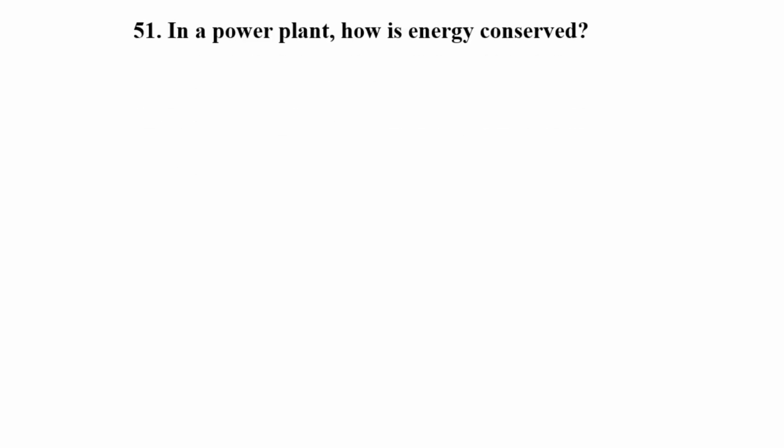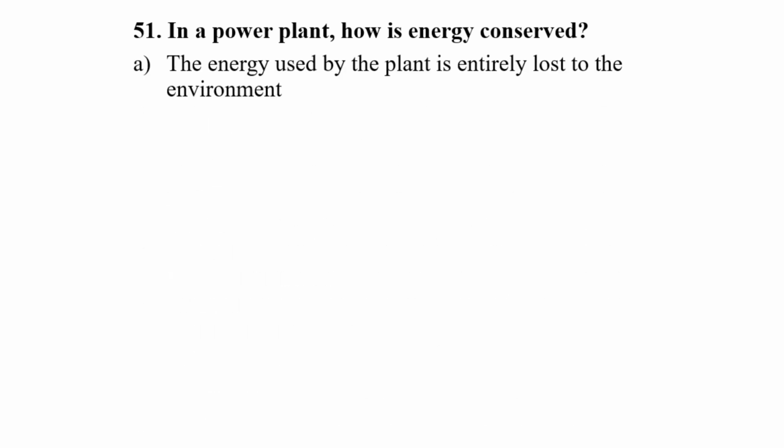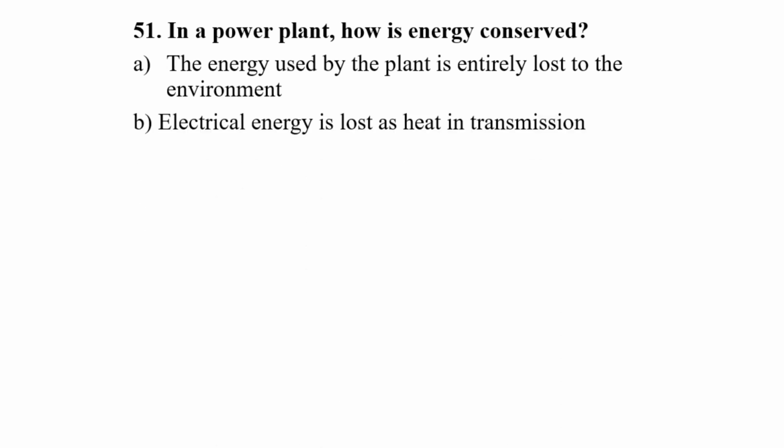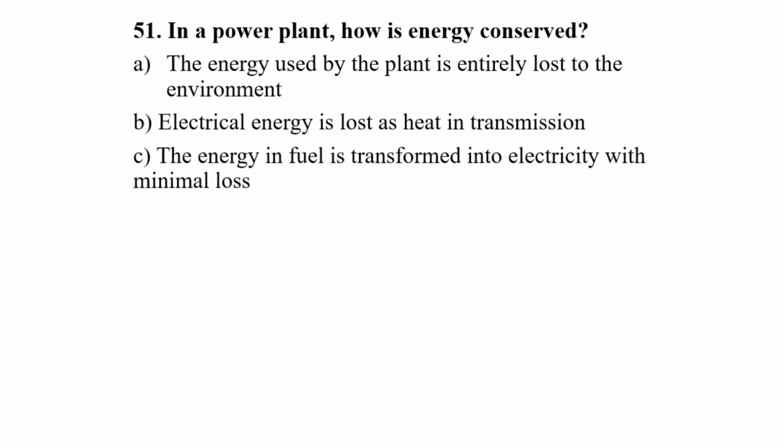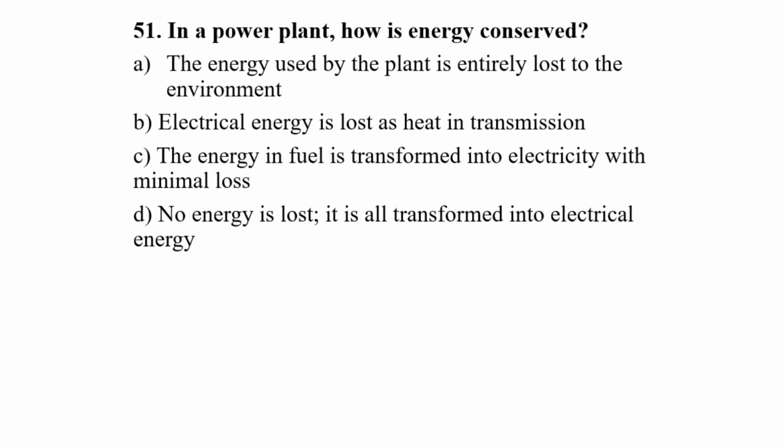Question number 51. In a power plant, how is energy conserved? A. The energy used by the plant is entirely lost to the environment. B. Electrical energy is lost as heat in transmission. C. The energy in fuel is transformed into electricity with minimal loss. D. No energy is lost.